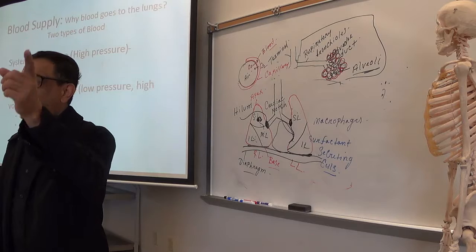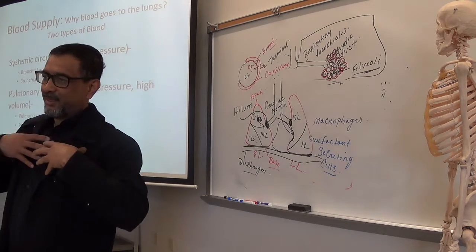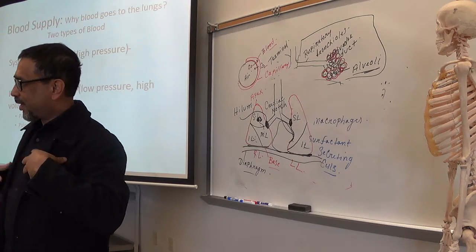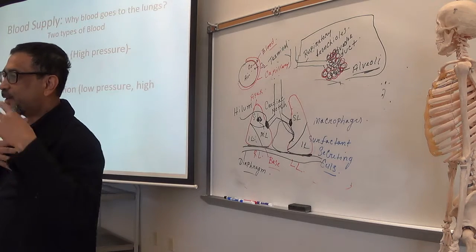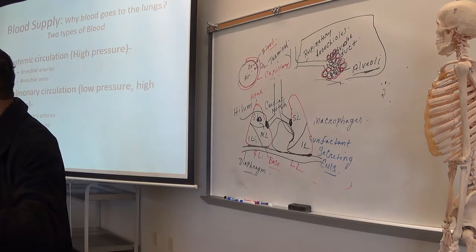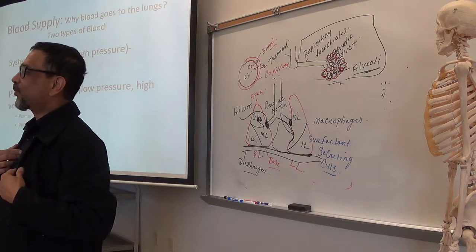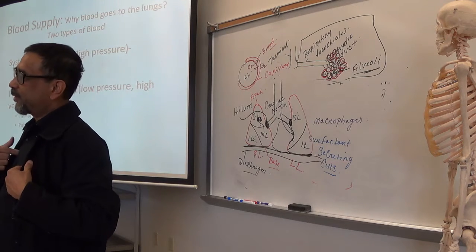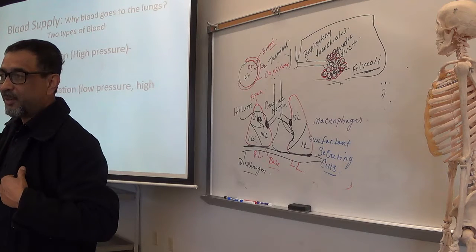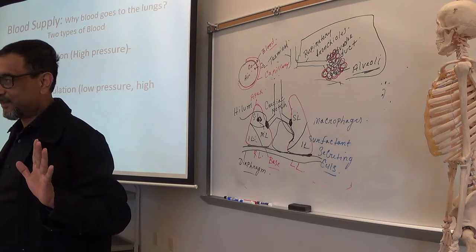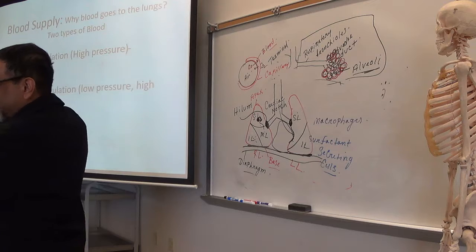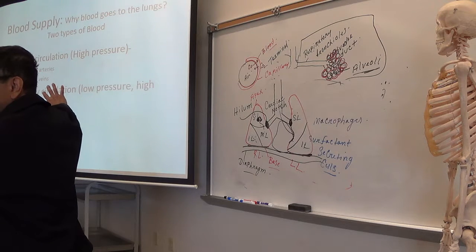So, pulmonary circulation is the circulation between the heart and the lungs, and heart sends what kind of blood to the lung? Deoxygenated blood, right? Because blood goes there to get oxygen. So, deoxygenated blood through the pulmonary circulation goes to the lungs. That is pulmonary circulation, one type of circulation in the lung.